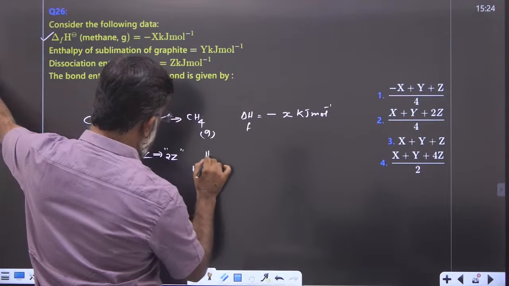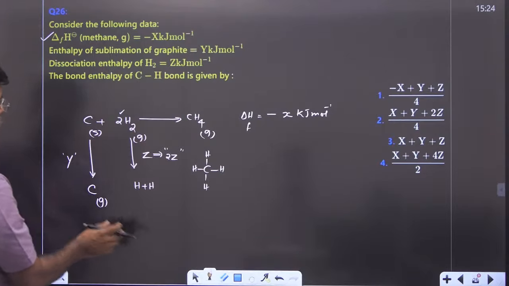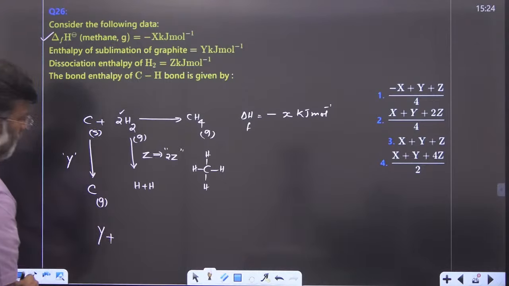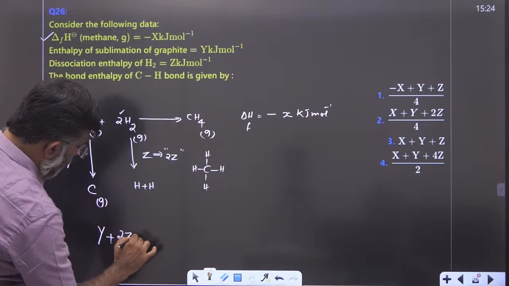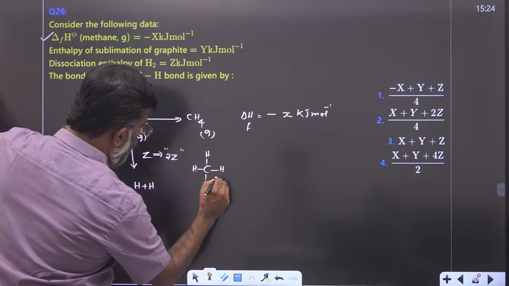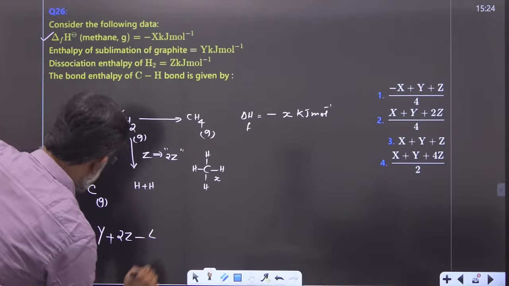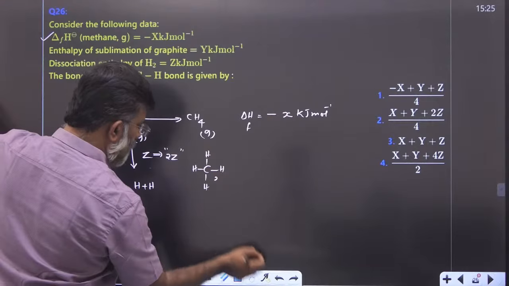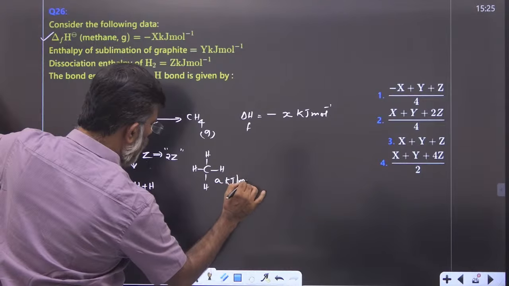Please understand what is happening in this process. This is converted to this, so it is Y plus, this is breaking, 2Z, minus. Let the bond enthalpy be X. We can't take X because we already have one variable X, so I will take A kilojoule per mole.